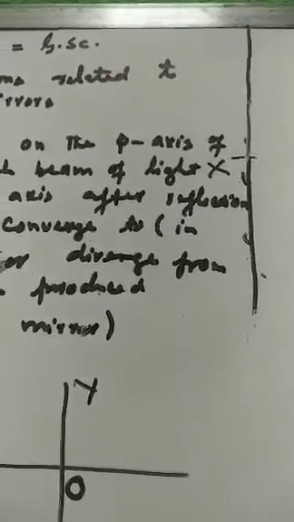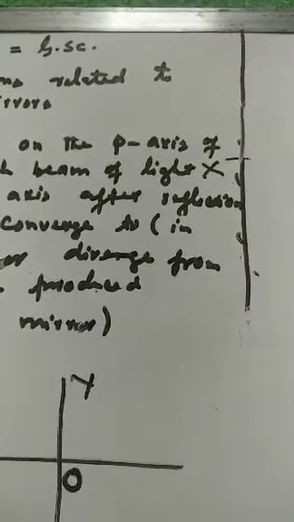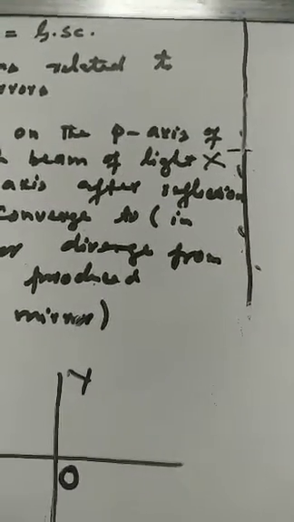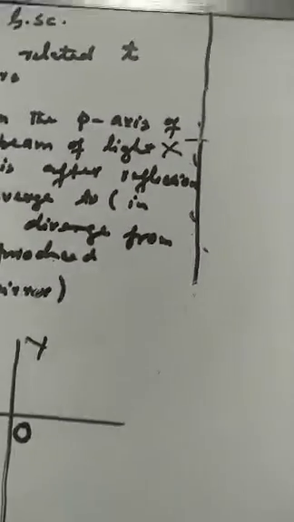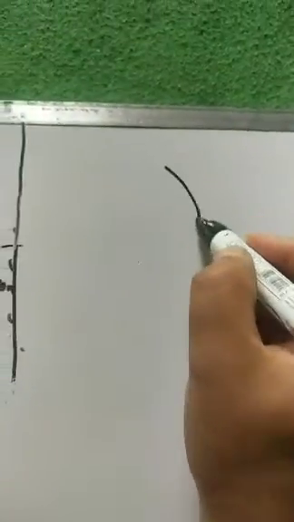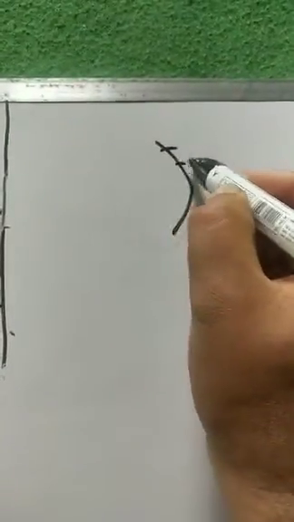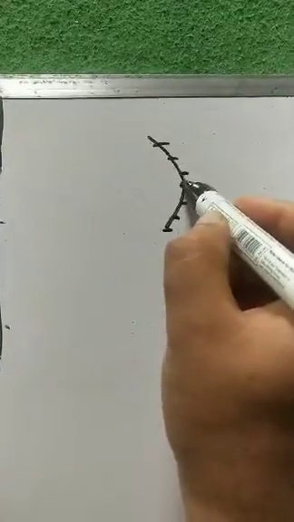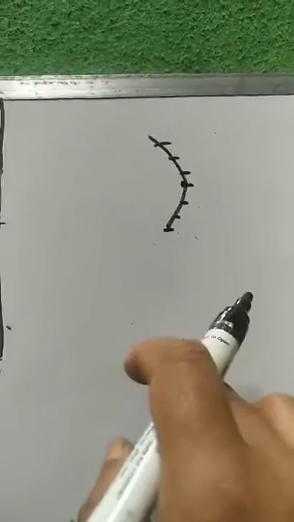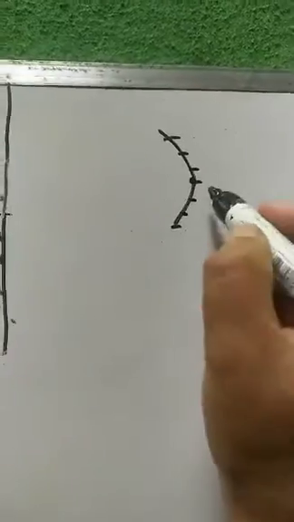कल के वीडियो में हमने पढ़ा था some important terms which are related to spherical mirrors. उसमें हमने पढ़ा पोल, what is pole. Suppose this is the spherical mirror, concave mirror. It is the midpoint of this spherical mirror or concave mirror, it is the pole.